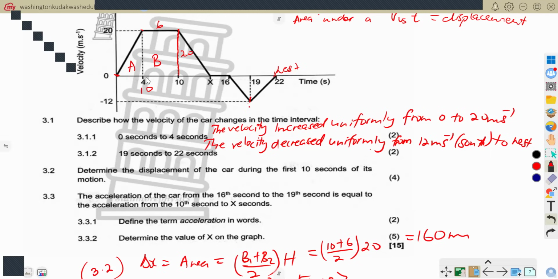Or else I would have said half of this base, which is 4, times its height, which is 20, plus the length, which is 20, times 10 minus 4, which is 6.